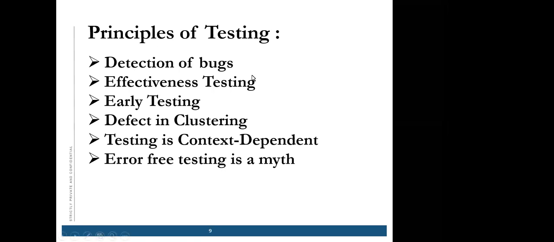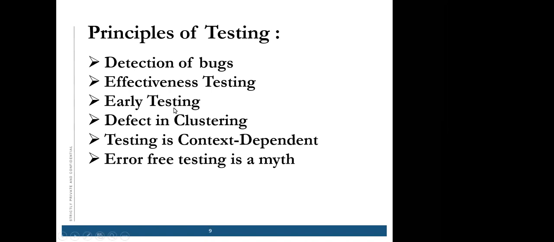For effective testing, we need to do proper testing. And as I said, 100% testing is not feasible in testing, but that's what we try to do, to make the product as good as possible.